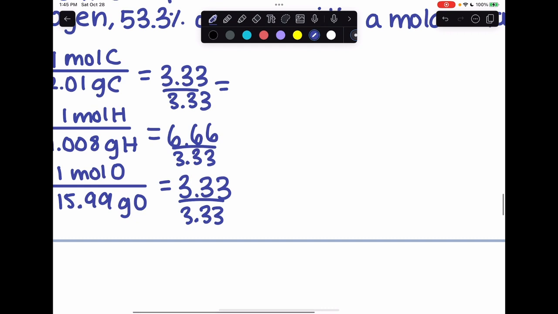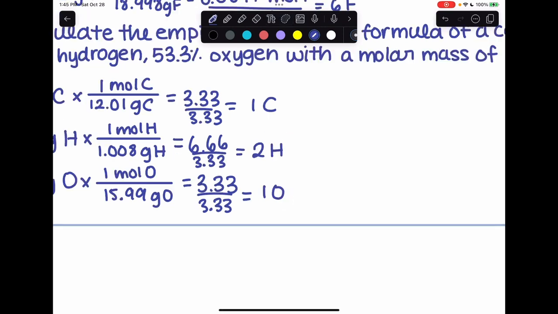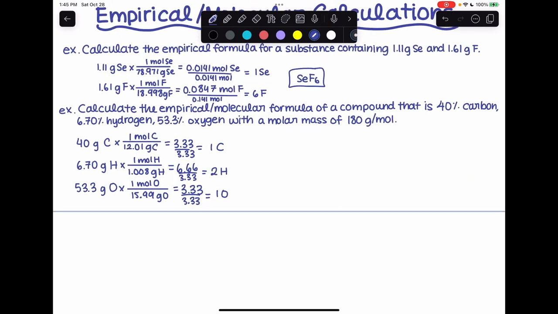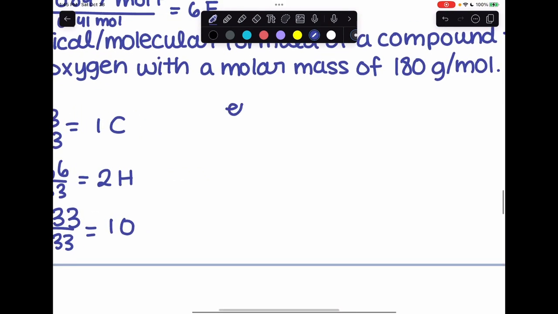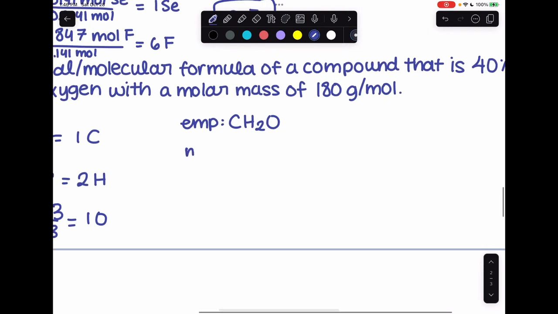All right, so now we get 1 mole carbon, or just 1 carbon in the empirical formula, 2 hydrogens, and 1 oxygen. Simple, easy. All right, so the empirical formula is CH2O. All right, now let's find the molecular formula.